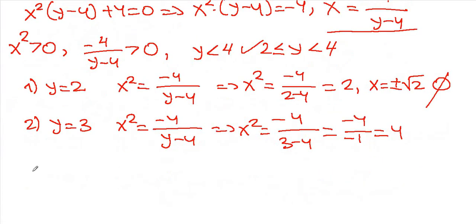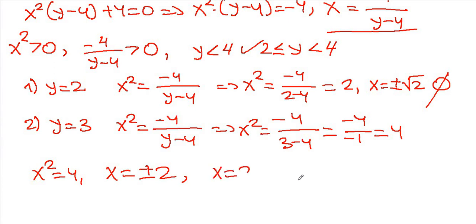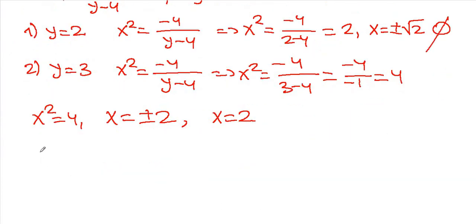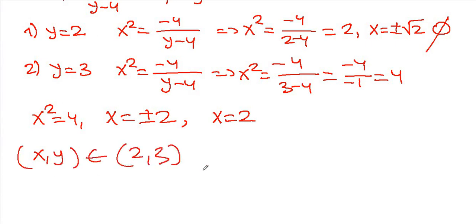And which means that x squared is equal to 4 and x is equal to plus minus 2. And as you remember, x and y must be greater than 0. So therefore here the solution is x is equal to 2. So if we finalize, then the answers will be x and y, 2 and 3. So this is our final answer.